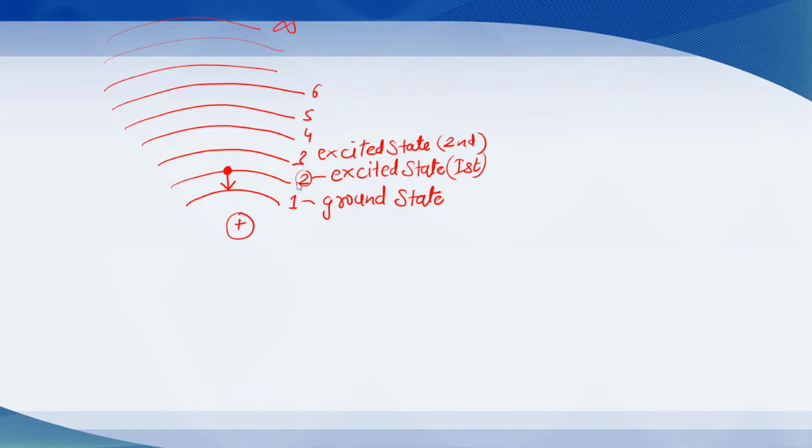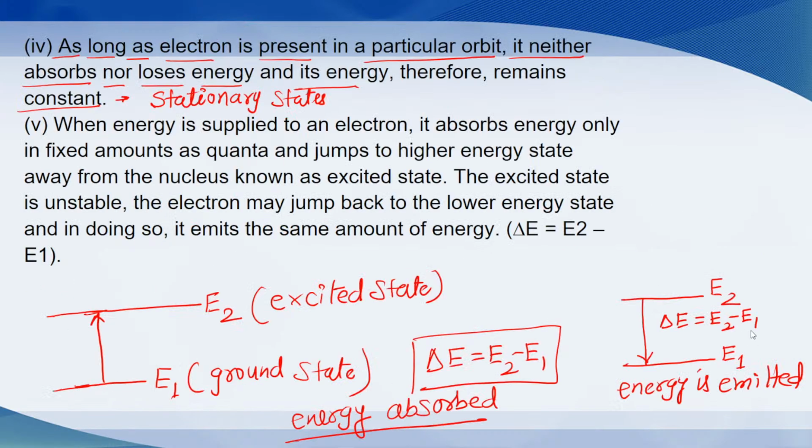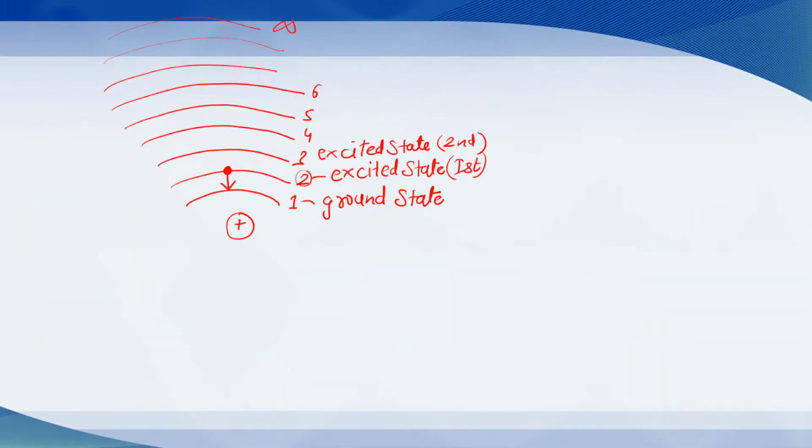Energy is absorbed or released? E2 to E1. If the electron jumps back, energy is emitted.